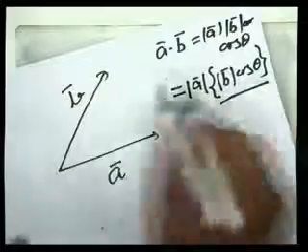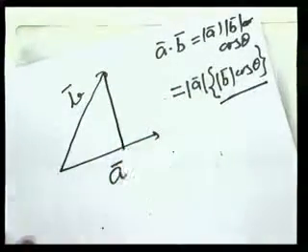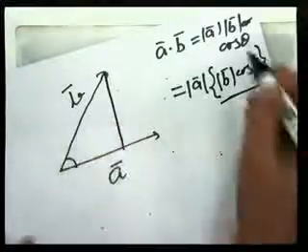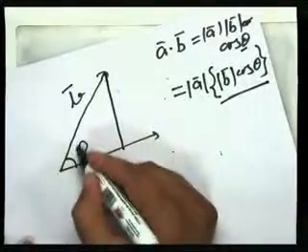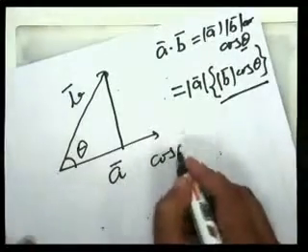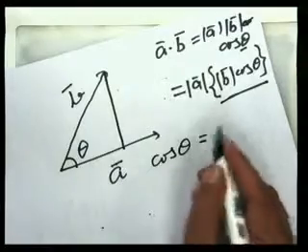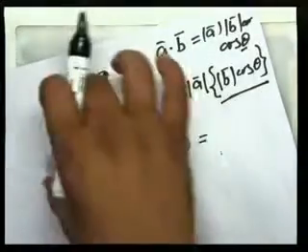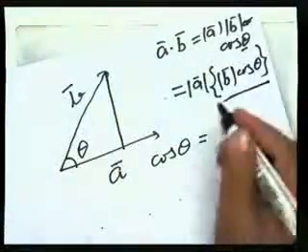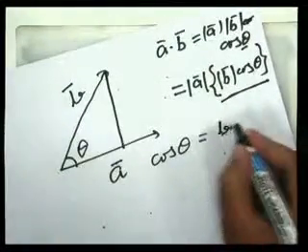Suppose I drop a projection on A. This is angle theta. So here what is cos theta? Cos theta is equal to this side upon this.